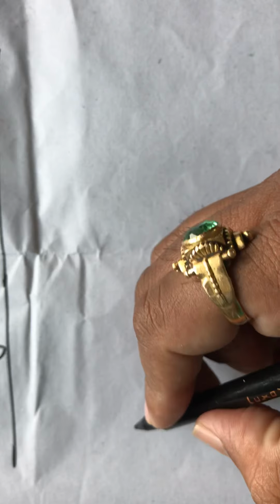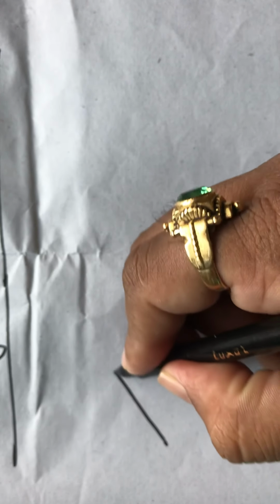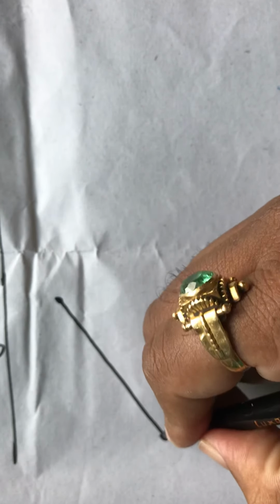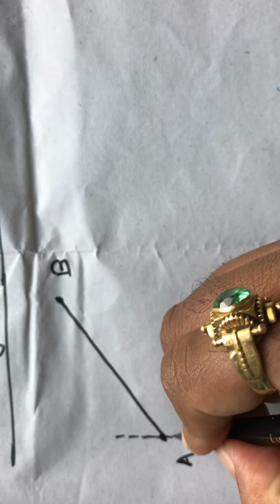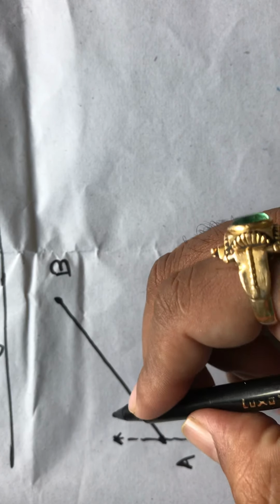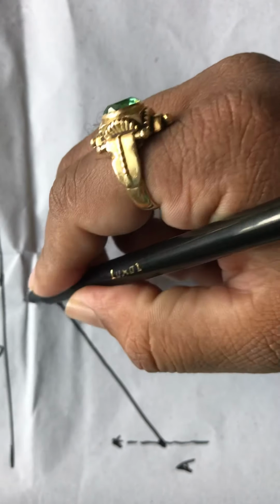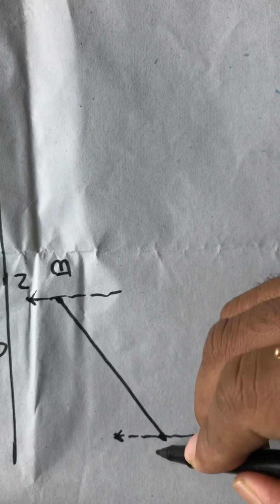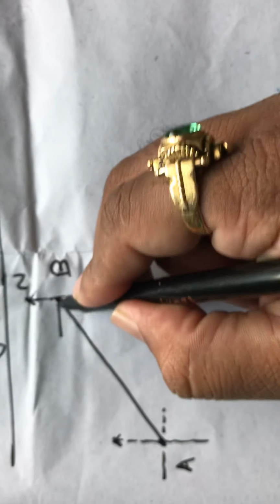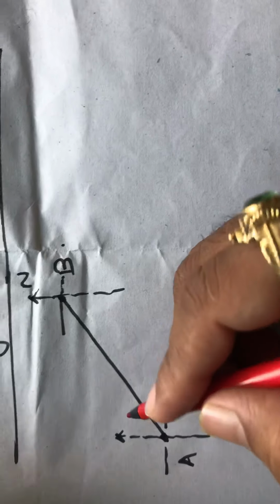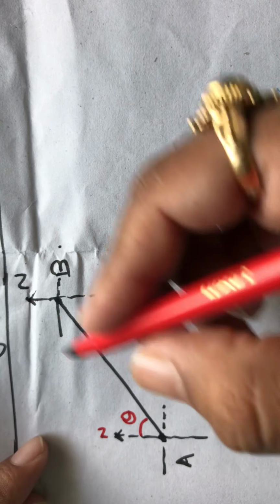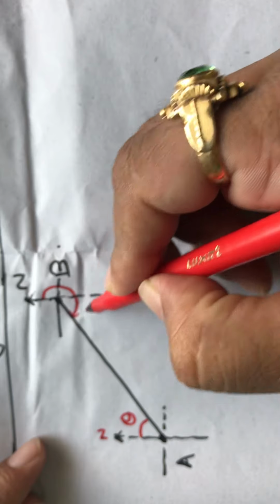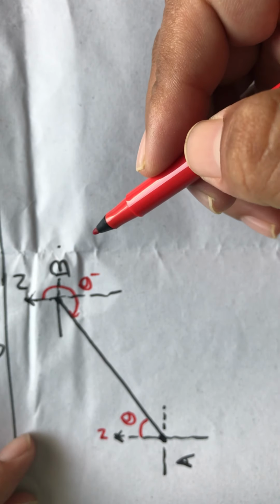Suppose A to B is a survey line. We are always moving from A to B along the survey line. Here we have north, correct, and here also we have north. Here we have one angle called theta, suppose this one is theta 1.